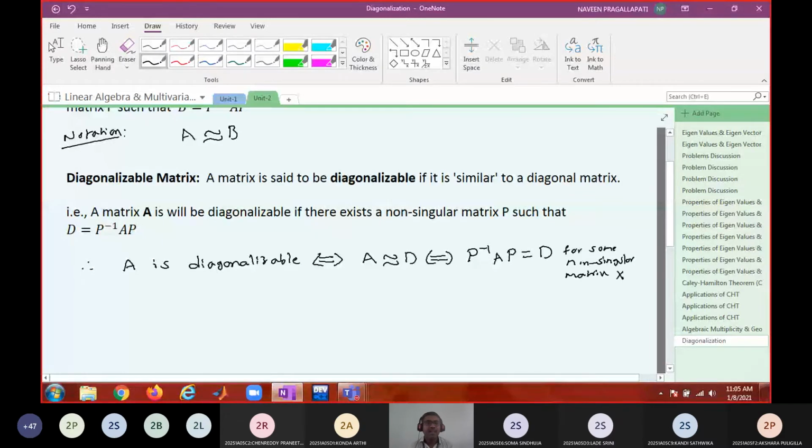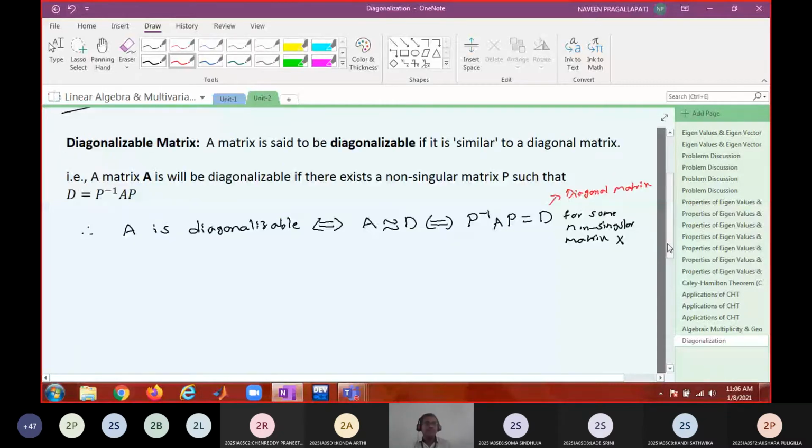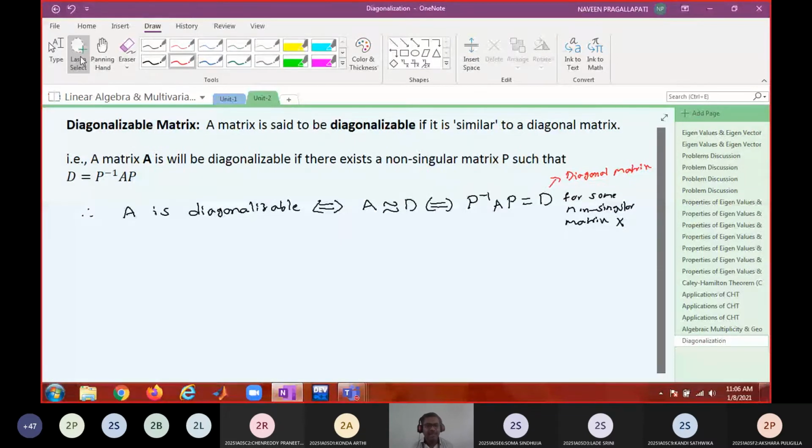And what is this D called? By default D means diagonal matrix. Okay, now did you copy? Yes, sir. Okay, now the point is, if I give you some matrix, it can be some 3 by 3 matrix or 4 by 4 matrix.